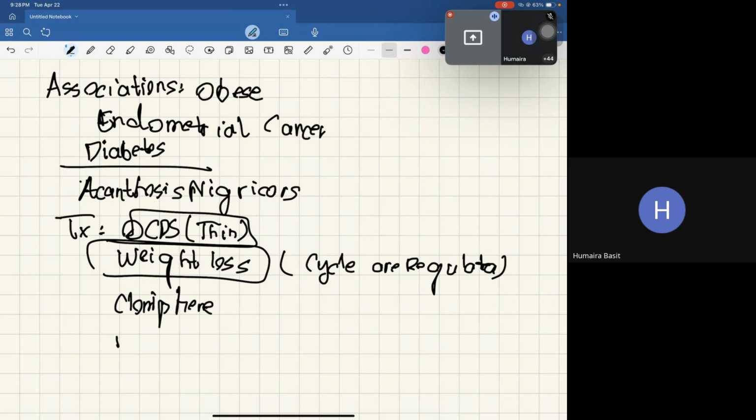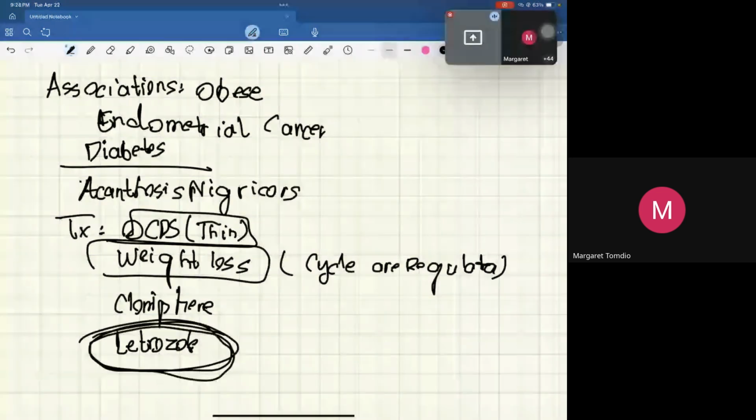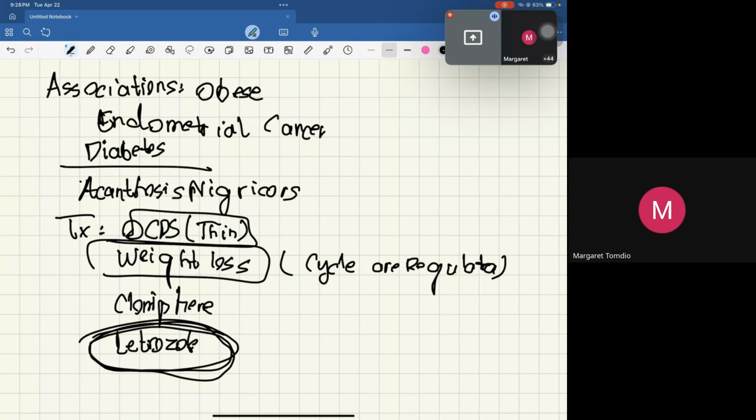Has anyone heard about the drug letrozole? So remember, it was given for PCOS ovulation induction. We first gave letrozole for ovulation induction in patients with PCOS, but we discovered that letrozole led to the development of multiple babies in a female.